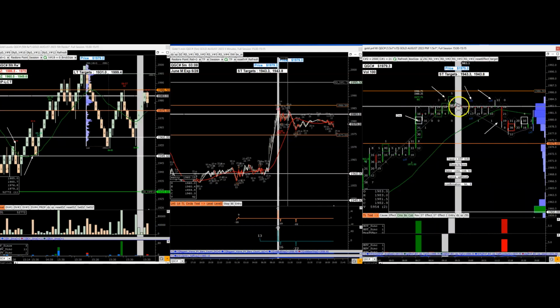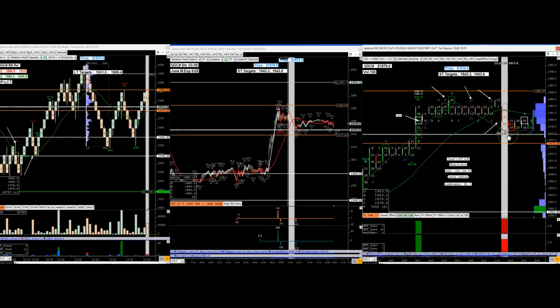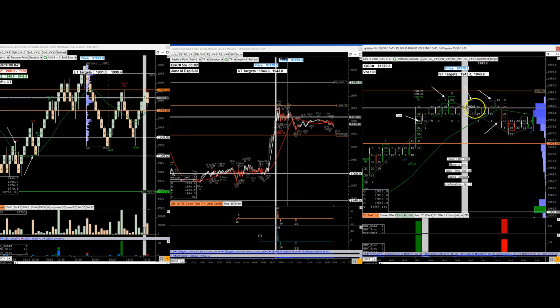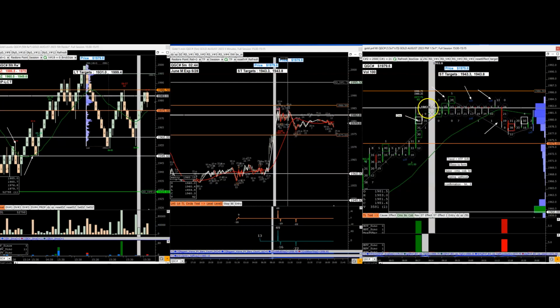Because once you build all this volume and you go down, it's not easy to go back above it. Why? Because of many reasons, one of which is you've already generated a lot of volume and someone's taken the other side of that, and you have to allow them to cover, which means you have to absorb this whole thing.